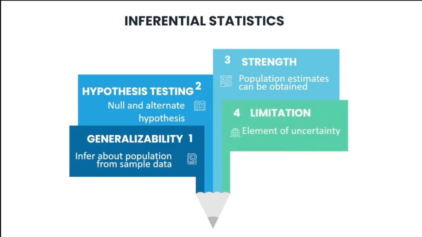But the limitation is that there is an element of uncertainty, because you always express your result in the form of a confidence interval, and you are only 95% certain that the values of that population will lie between those two values of the confidence interval. So that's the limitation of inferential statistics.